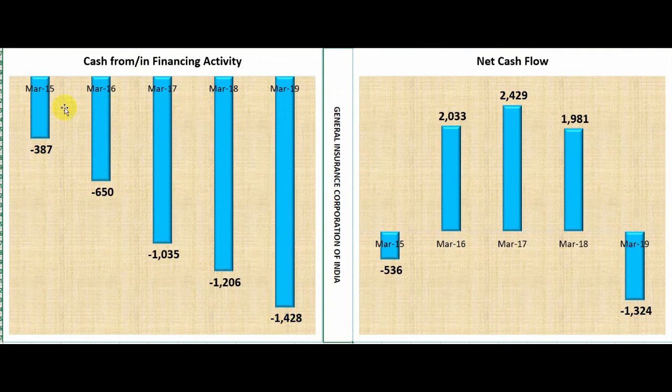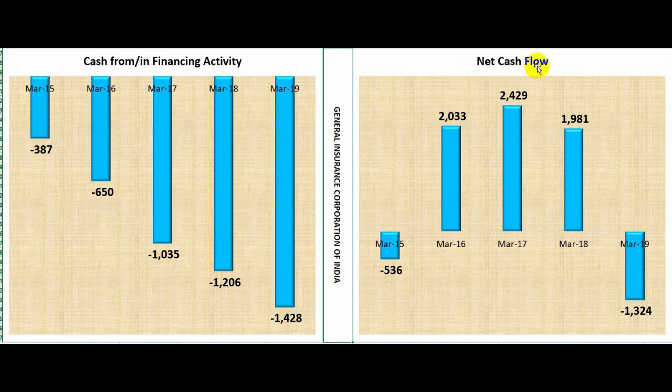Because we saw earlier in the dividend payout, a major portion of the net profit was distributed to the shareholders as dividend. So the dividend portion comes under the financing activity. So we see that the payout in financing activity has been steadily increasing. The negative means that there is an outflow, and positive means there is an inflow of cash.